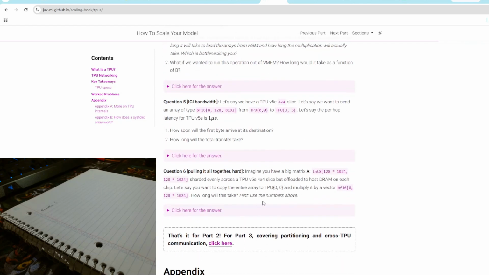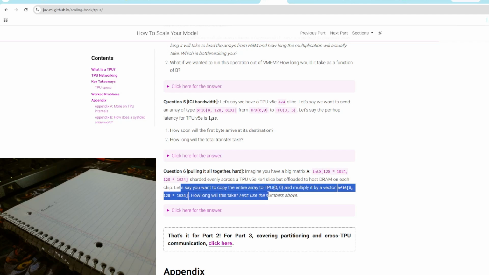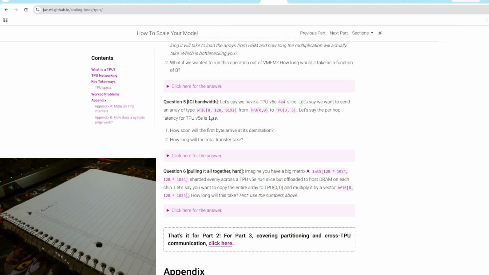Alright. Question 6. Imagine you have a big matrix A, sharded evenly across a TPU v5e 4x4 slice, but offloaded to host DRAM on each chip. So you want to copy the entire array to TPU 0,0 and multiply it by a factor, BF16.